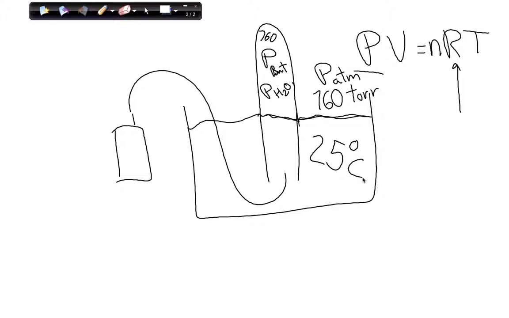So guys, the pressure of the water is 23.8 torr. So what is the pressure then of the butane? 760 minus 23.8. You get the idea? So guys, that is what it means to be collecting wet gases.